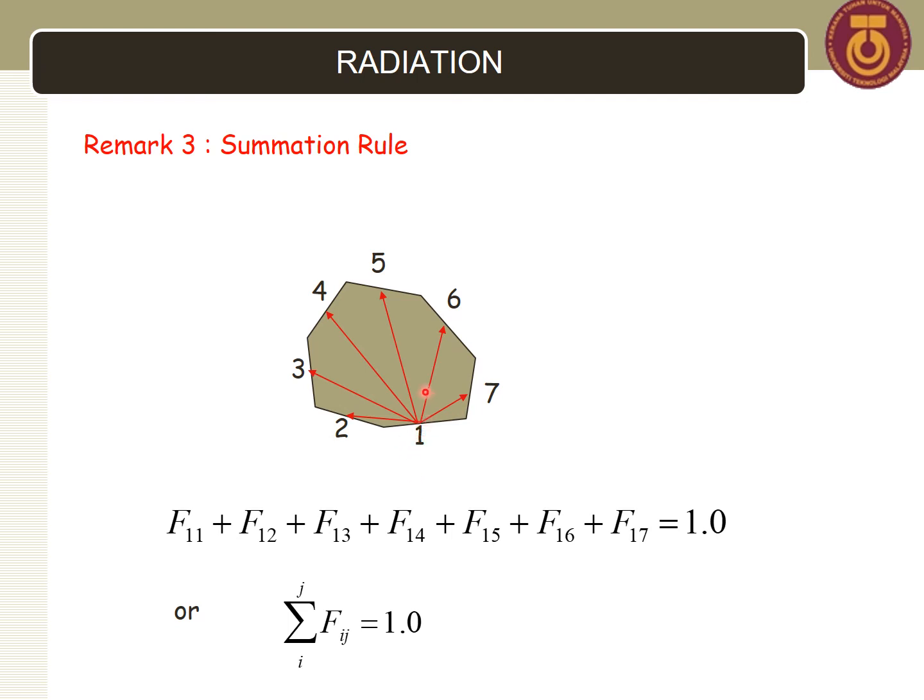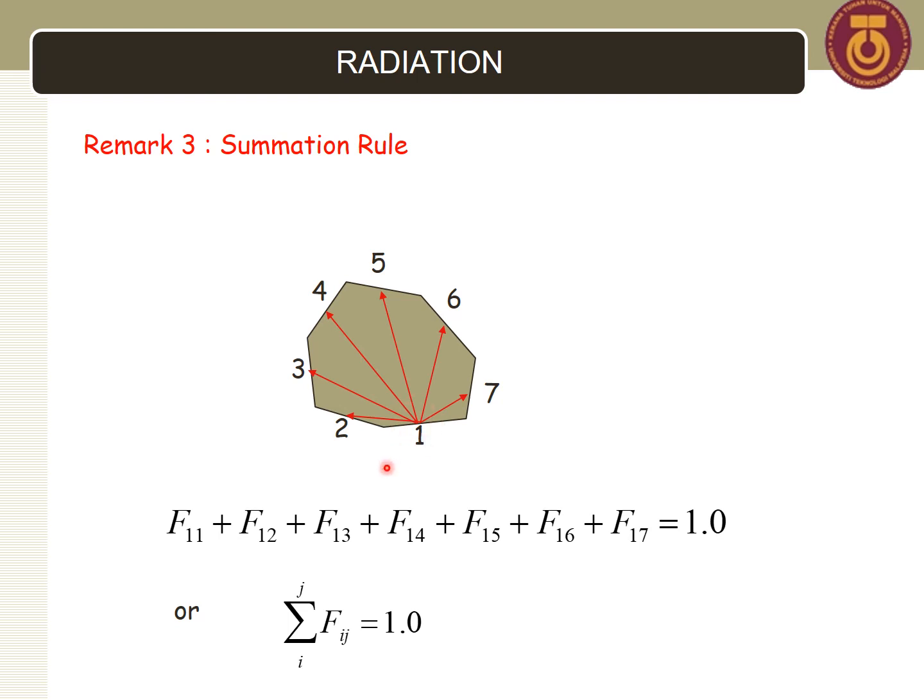So you can see surface 1 has a view factor with respect to all other surfaces, and if it is not a flat surface or a convex surface, then it will also have a view factor with respect to itself.